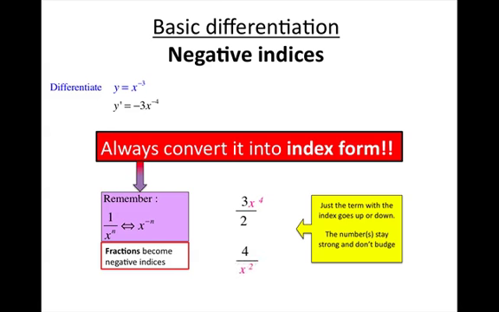So x to the negative 2, the x squared goes down and the negative disappears. Or the x squared comes up and you give it a minus. And so on. That's just the way it works.